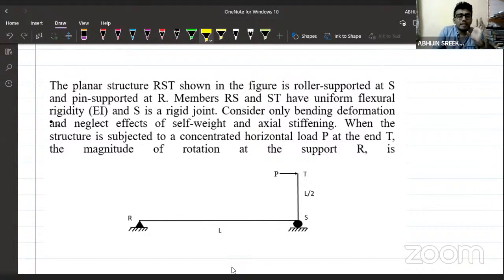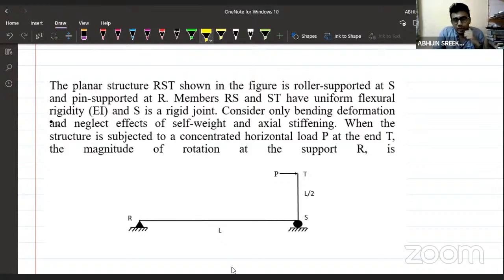Consider only bending deformation and neglect the effect of self-weight and axial stiffening. This means axial deformations and shear deformations are all neglected. Only the bending deformations are considered. It's actually the general assumption in the case of rigid jointed plane frames. So these are the things given in the question.